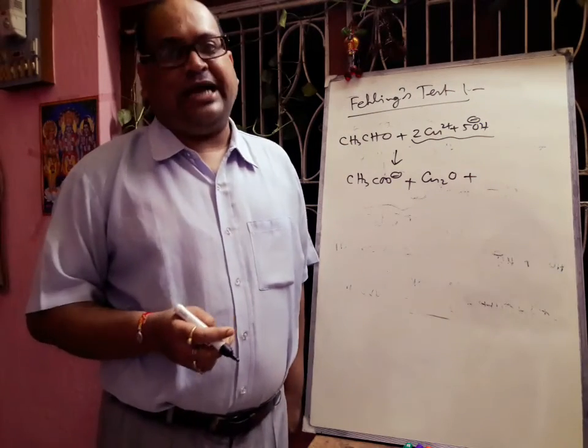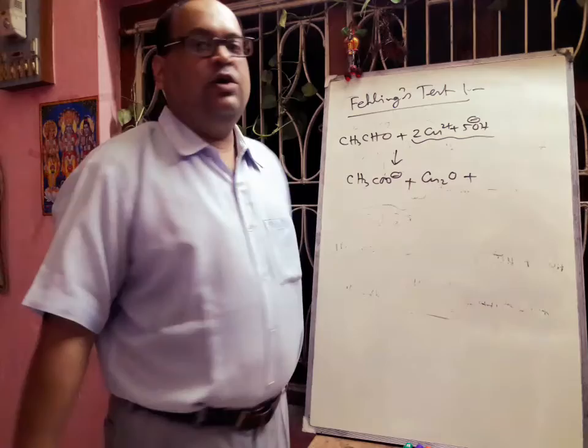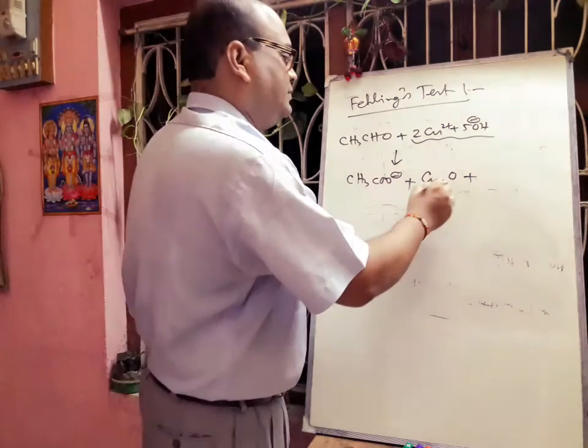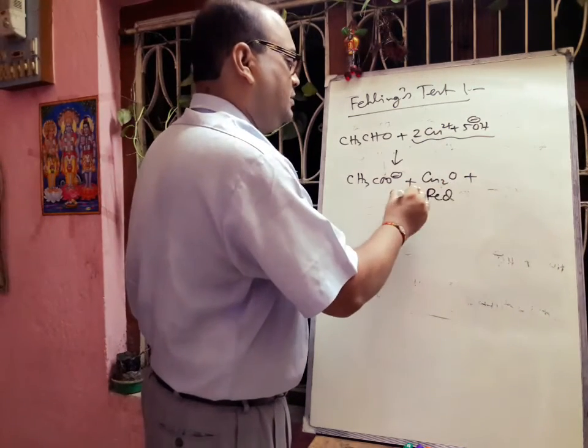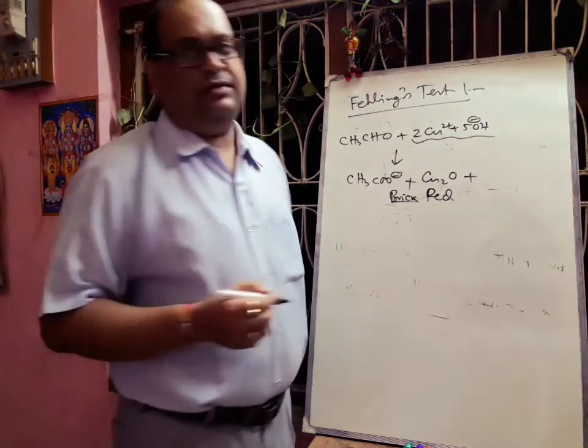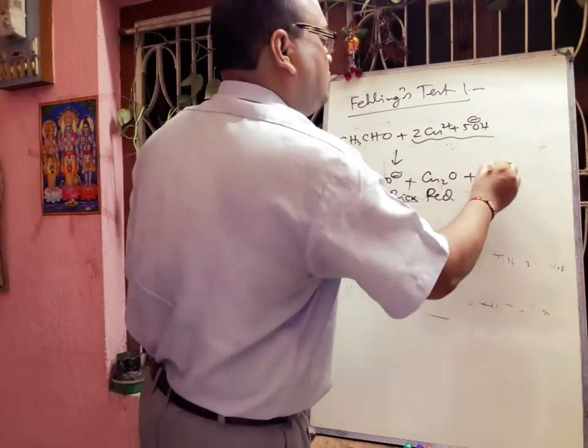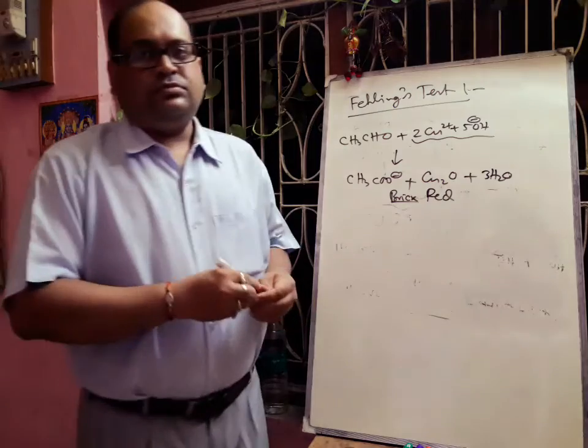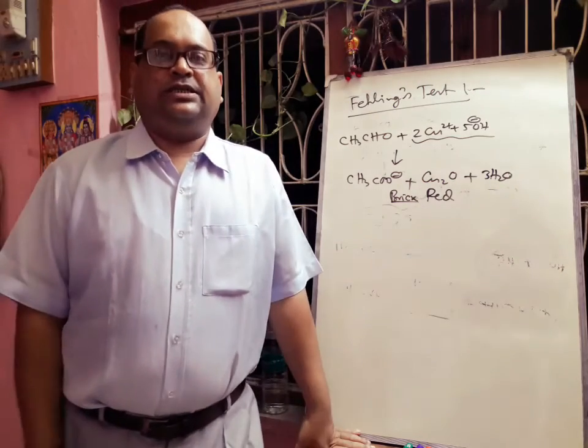Cupric oxide is black, Cu2O is cuprous oxide, that is red in color, brick red or brown red, and formation of thrice H2O. Ketones do not respond to this test.